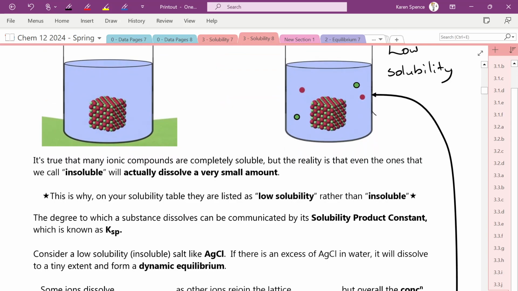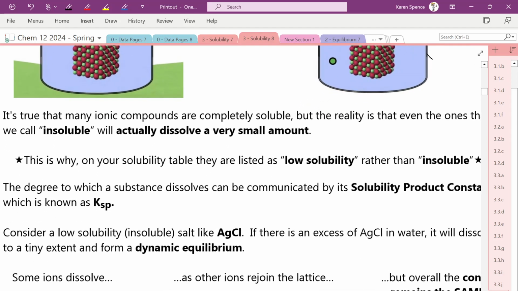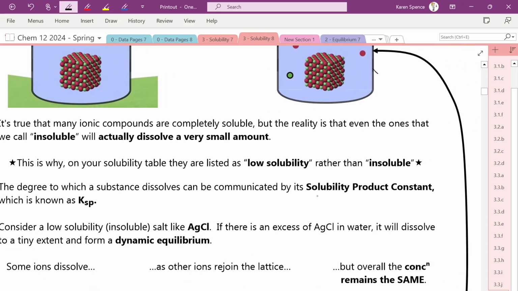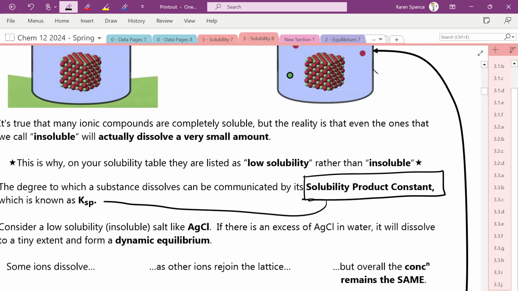All right. The degree to which a substance dissolves can be communicated by its solubility product constant, which is also known as the KSP.